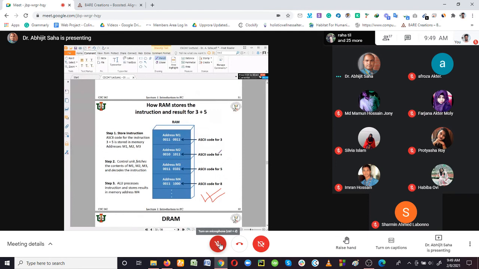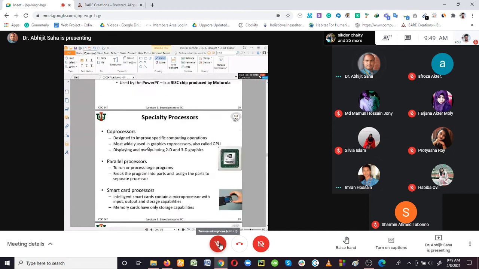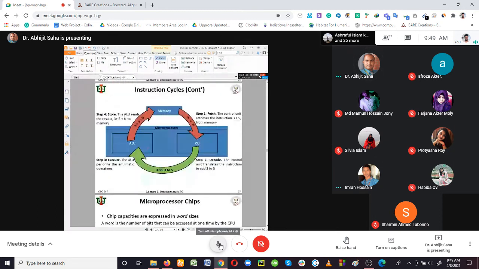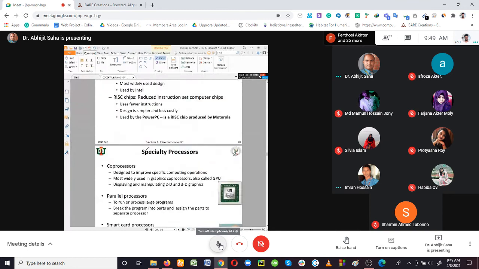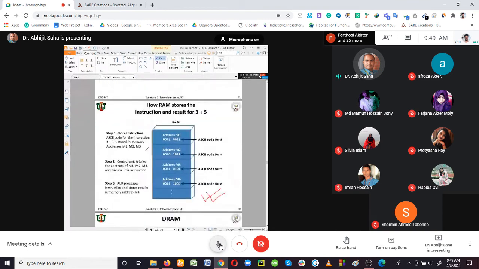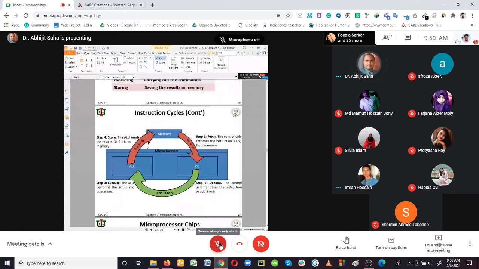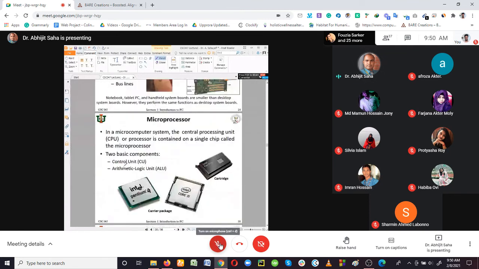That how memory is storing the instructions, up to microprocessor, sir. Slide 25, sir. Up to this. But with section F, actually I have done up.